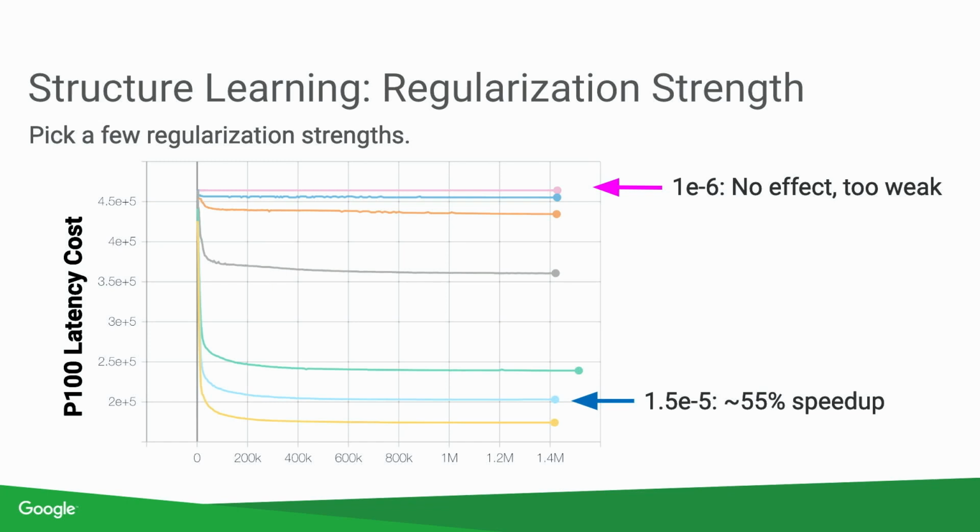So it's pretty easy to find a number that will reduce the flops or the latency by a desirable amount. You can also easily see that when the regularization strength is too weak, nothing happens. When it's way too strong, you'll simply kill the entire network. It will zero out. So it's not very hard to find the interesting regime.